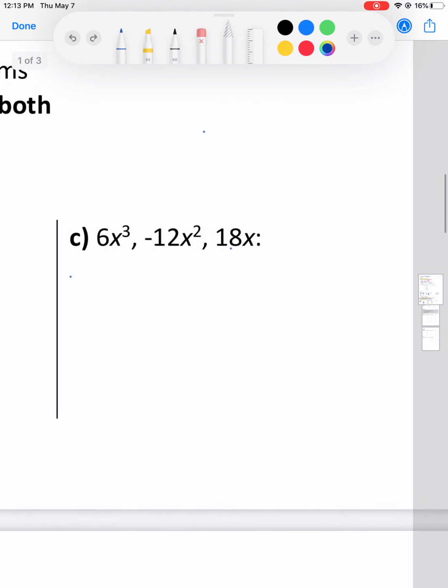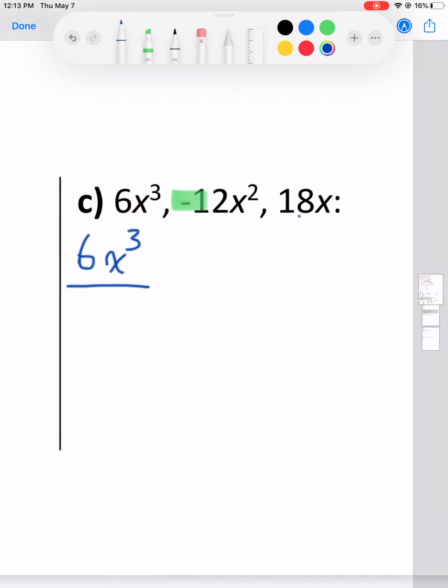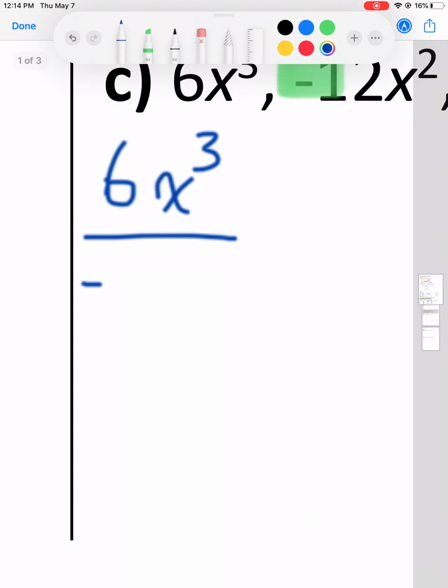Okay, one more. So take a look here, guys. See how we have this negative? So we're going to have to get these negative terms involved now. Let's do it. 6x cubed. Again, we have 1 and 6.